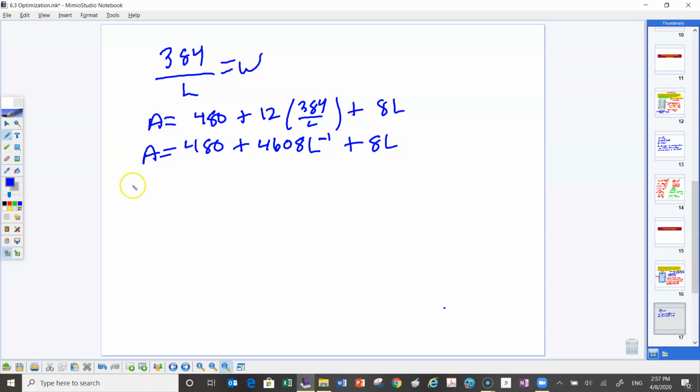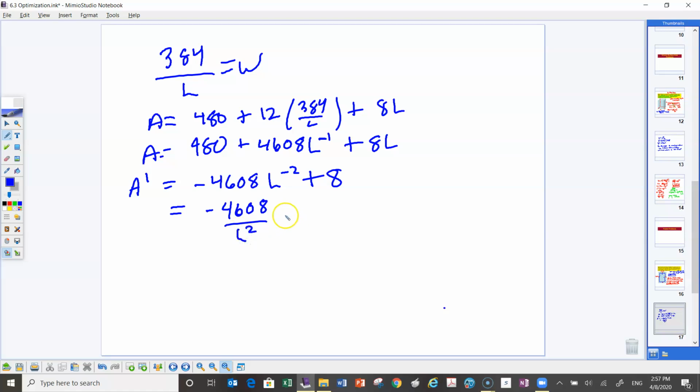Now I have it in a derivative-friendly form, so the derivative of 480 is 0. This will be negative 4608 L to the minus 2 plus 8, which is really negative 4608 over L squared plus 8.